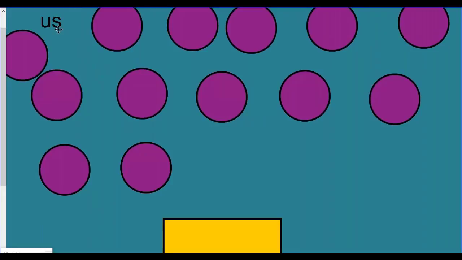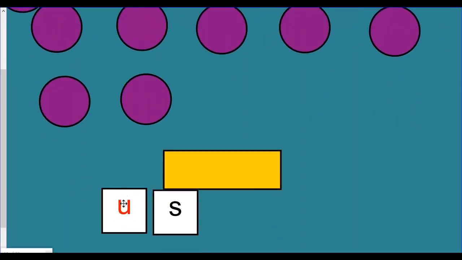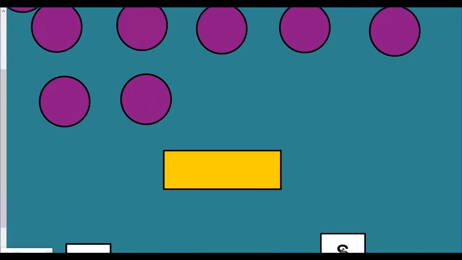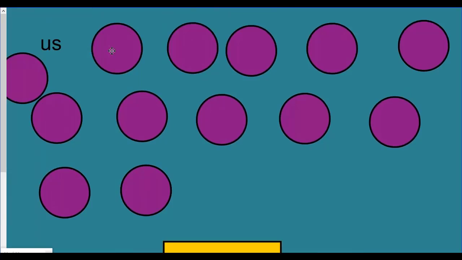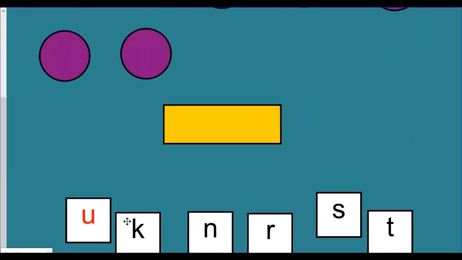Then you talk about it. We use Wilson Foundations again, so we tap out the words, they tap out the sounds, and then they put the letter tiles back. We leave it uncovered so that we know we've done it. Then they pull over the next one and build that again.